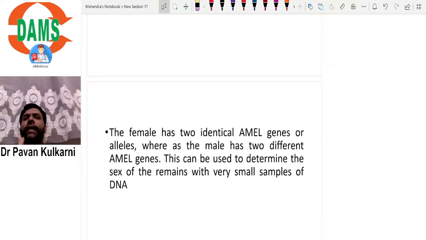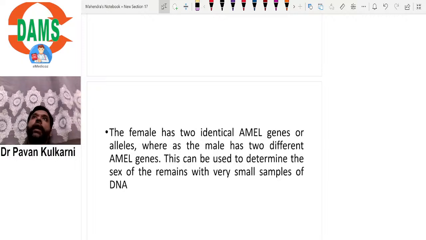One gene has two alleles, like one coin has two sides. In females, the amelogenin or Amel gene has two identical alleles, whereas in males, the two alleles are different.